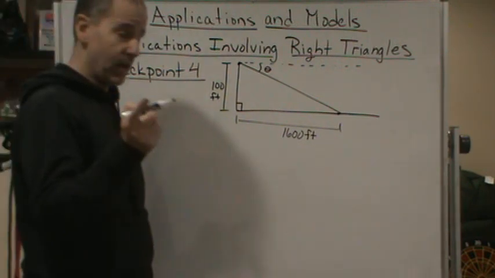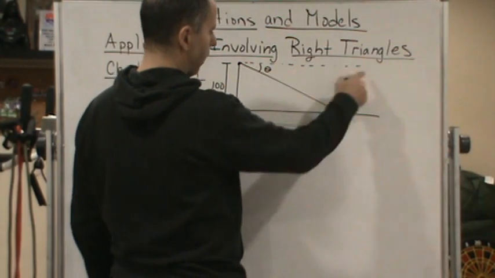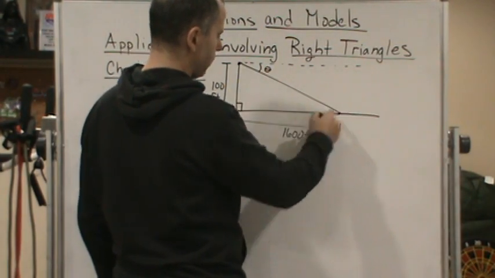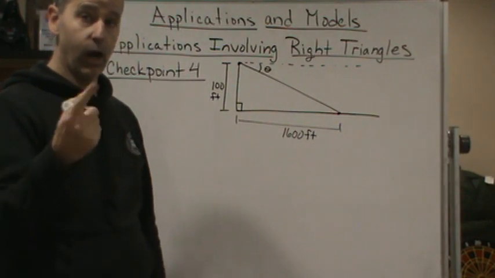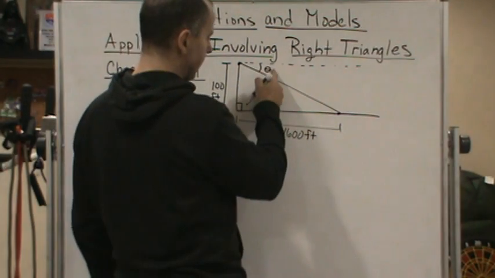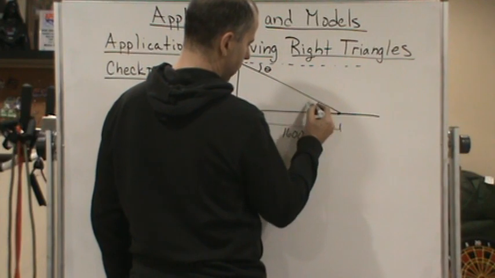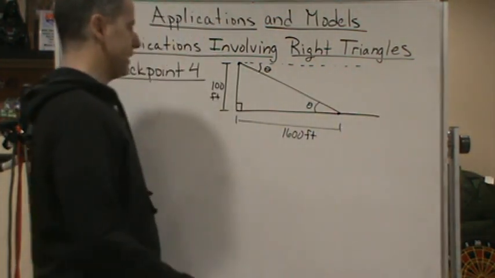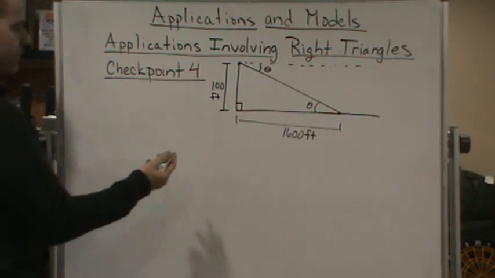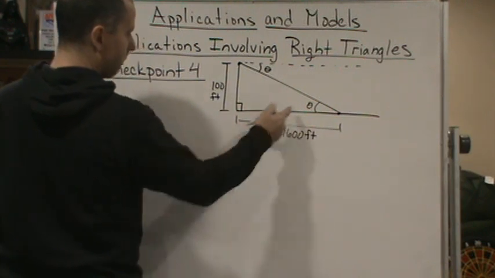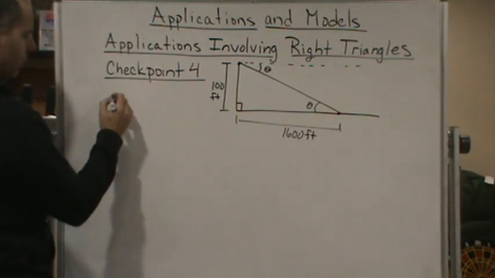But remember from geometry, when you have 2 parallel lines and you have a transversal, alternating interior angles are congruent, which means this is going to be the same as that angle. And so now we're going to use tangent to find this angle.